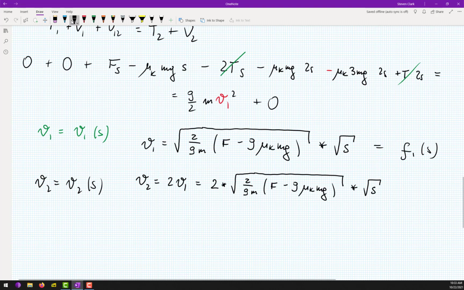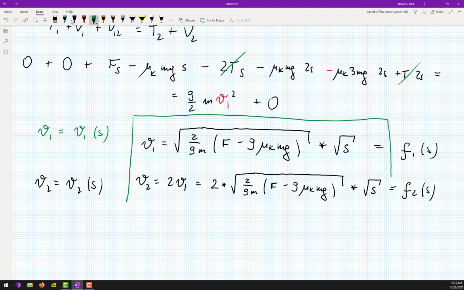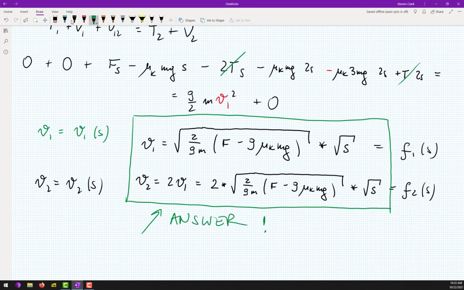This is just f2 of s, okay, and this is the answer. That's it when it comes to this problem, and now time for questions.